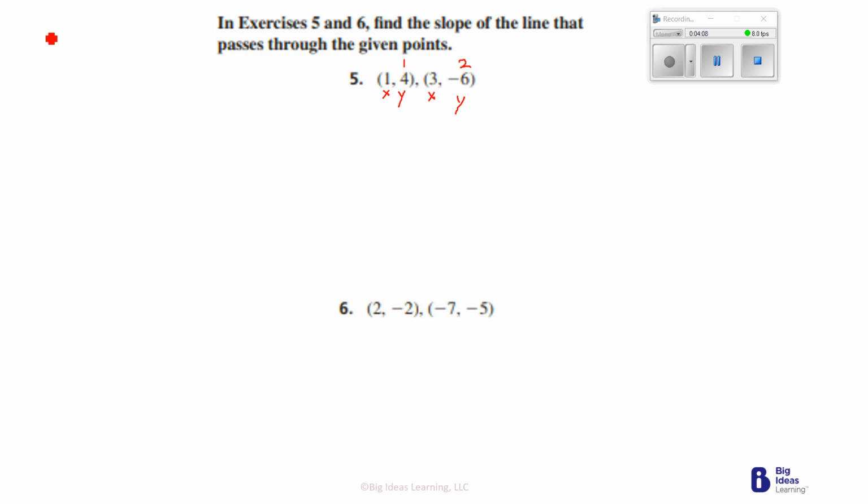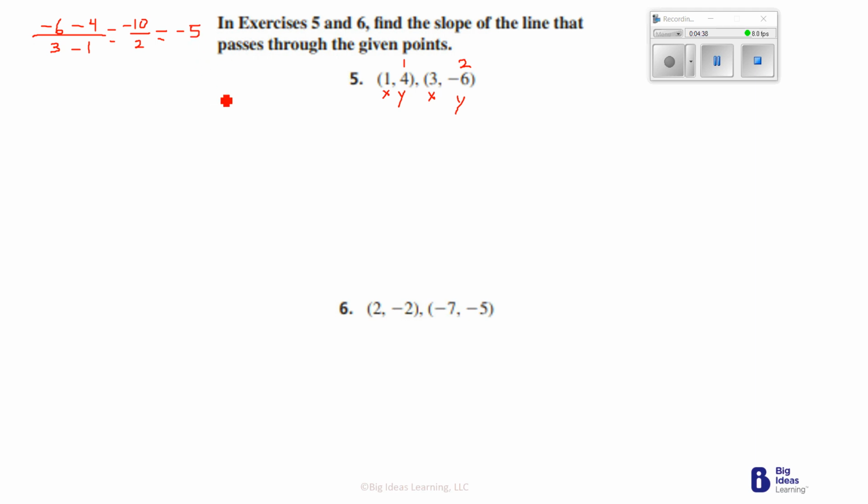I would go and put negative 6, and I'd be subtracting 4. I'd put that over 3, which would be subtracting 1. Okay? Remember, that's y2 minus y1 over x2 minus x1. This is going to give us a negative 10 over 2. And that'll give us a negative 5.